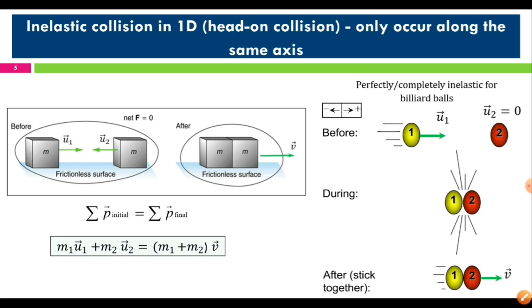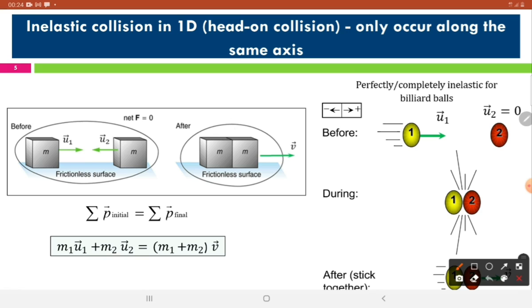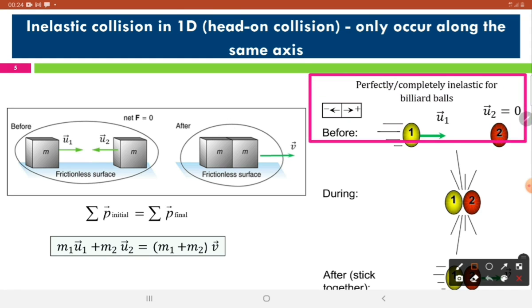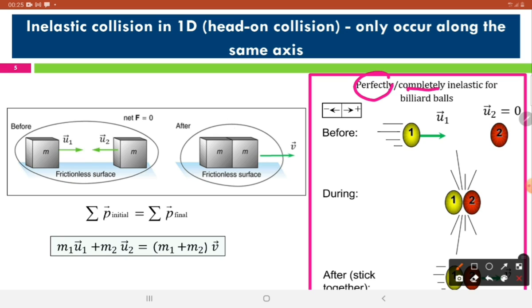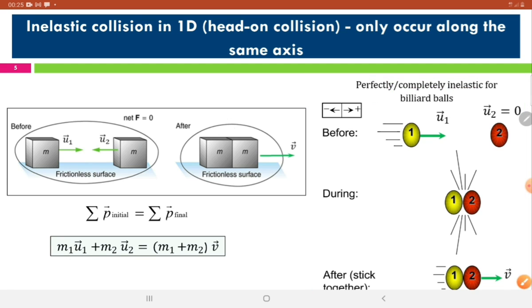Next is inelastic collision in 1D. You can refer to the collision between two billiard balls. This one is known as perfectly or completely inelastic collision between two billiard balls. Perfectly or completely inelastic collision means after collision, they stick together and move with the same final velocity.